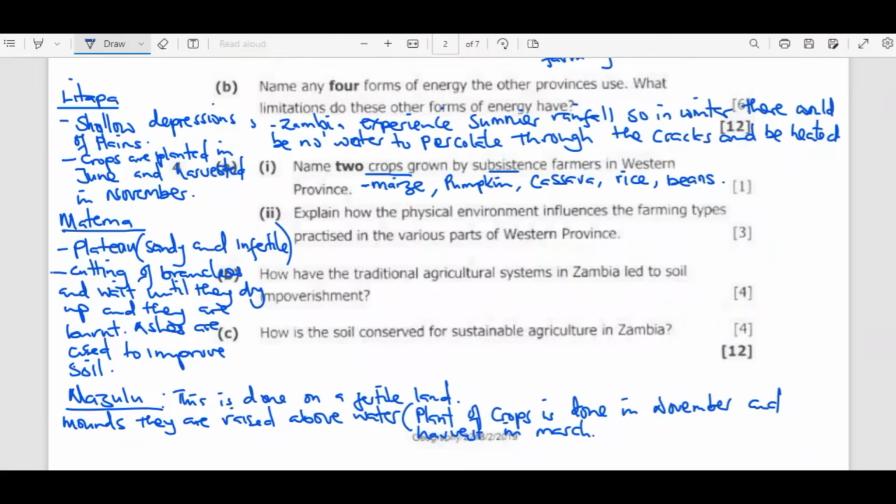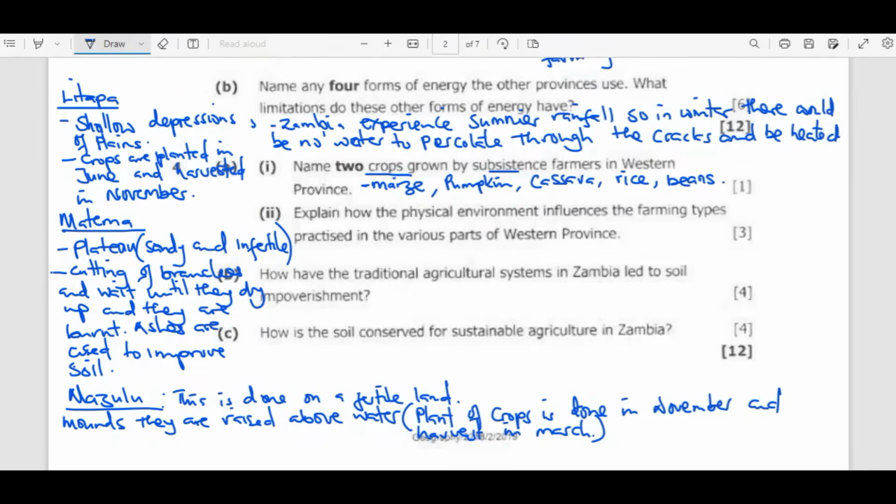So they plant in November and then they harvest in March. So those are the answers needed on question 2. Okay, so let us move on.